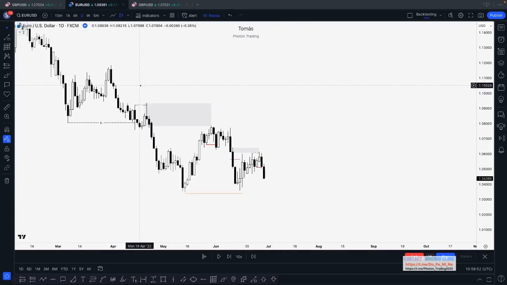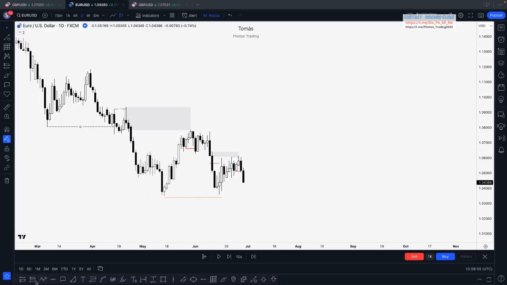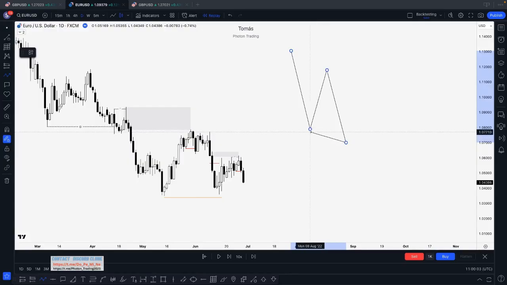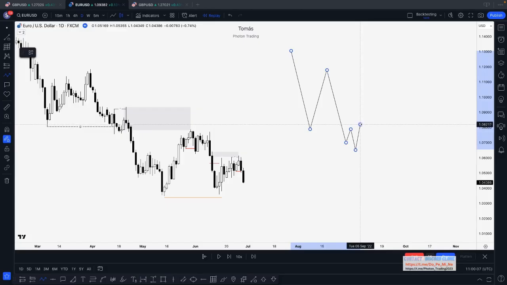But coming into the daily, just starting with the daily time frame, we have a very important concept. After the daily break of structure, once we have the daily internal BOS bullish, we have the indication that the pullback is going to start.